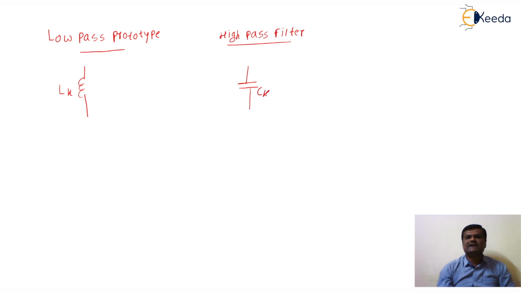How to write Ck dash? Ck dash is equal to 1 upon R0 omega c Lk. See carefully here, this inductance becomes a capacitance in the high pass filter. In the same way, capacitance Ck in the low pass prototype becomes an inductor in the high pass filter, represented as Lk dash equal to R0 divided by omega c Ck.